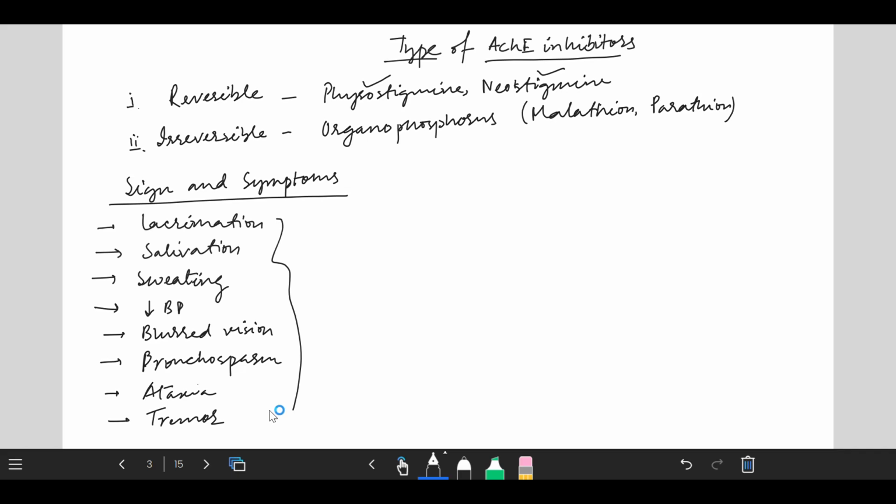So, obviously we need to treat the patient. For the treatment, we need to maintain the airway and breathing. Second is termination of the exposure.